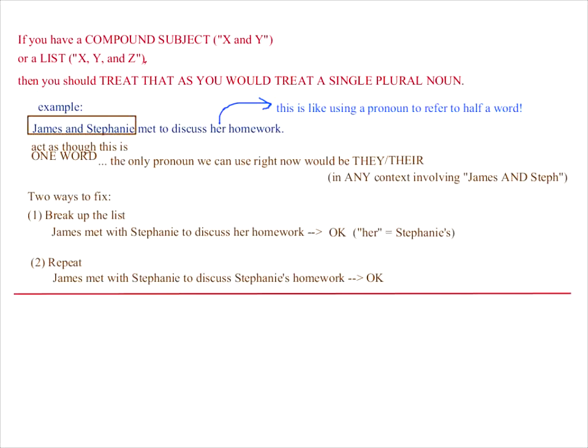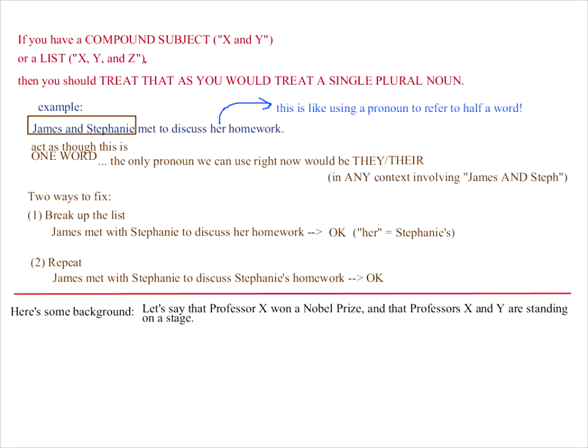Here's a little bit of background. Let's say that Professor X won a Nobel Prize, and that Professors X and Y are standing on a stage. Okay, there's your context.